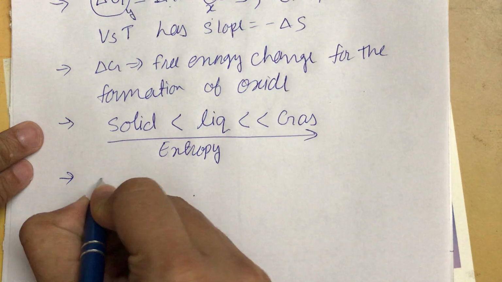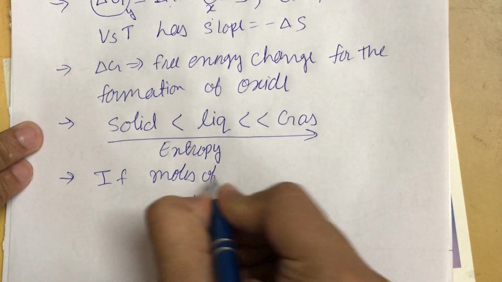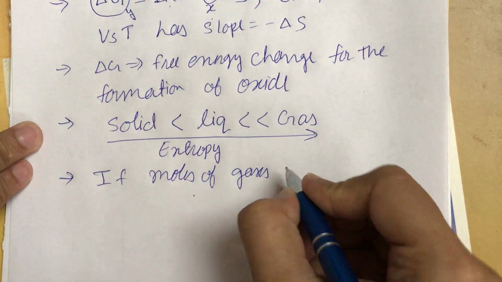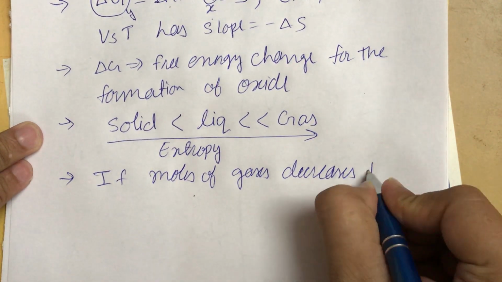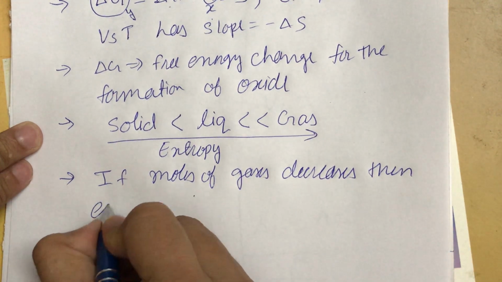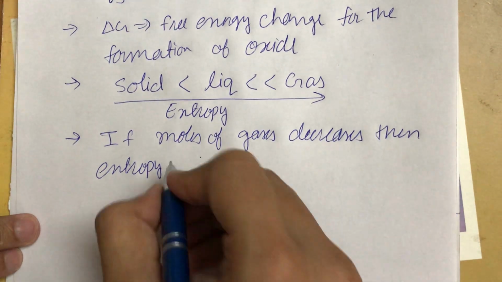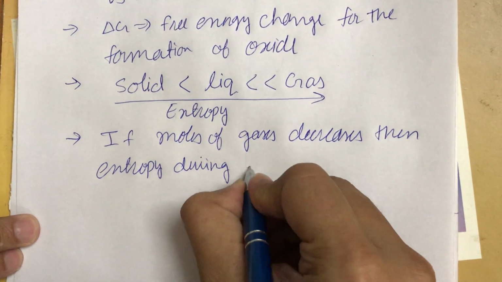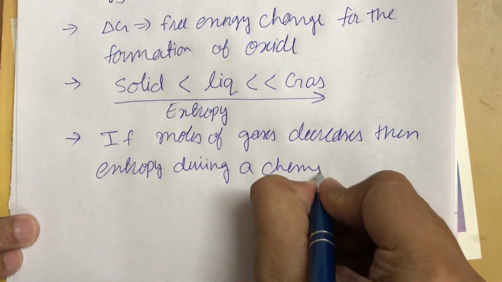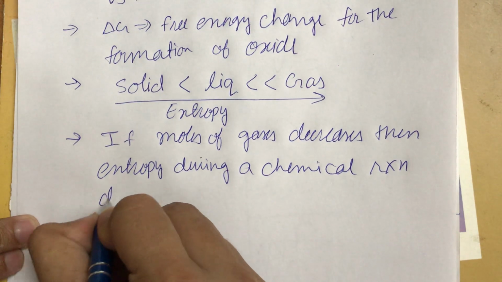So we have this point: if the moles of gases decrease during a chemical reaction, then entropy decreases.